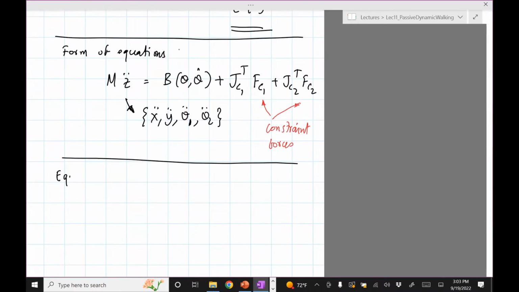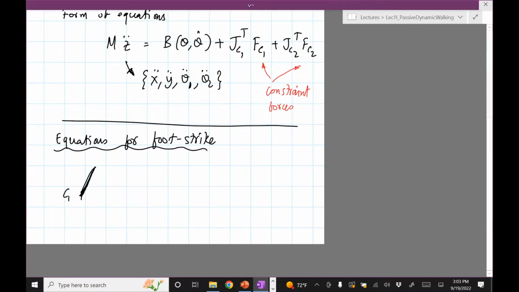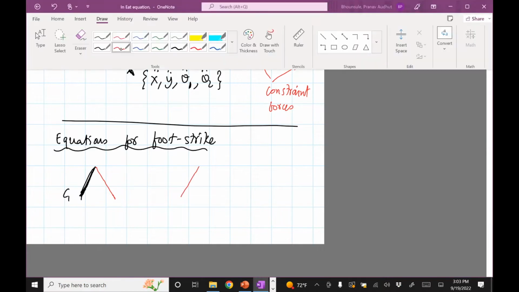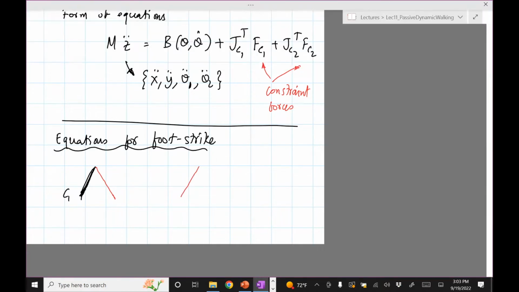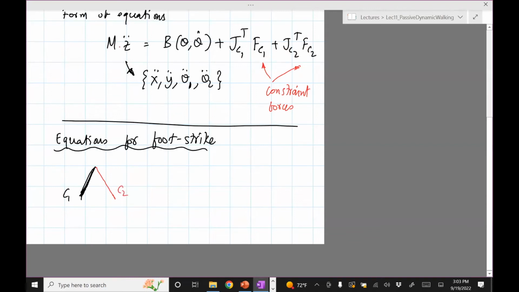So what's going on when I say footstrike is, remember that I've shown C1 to be my stance leg, and C2 is the leg which is swinging.